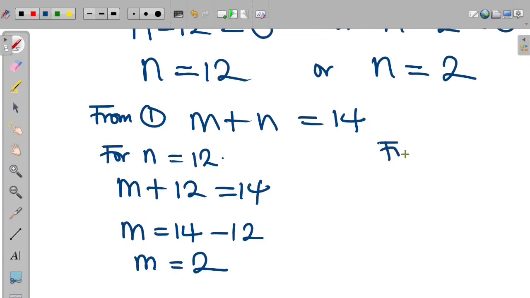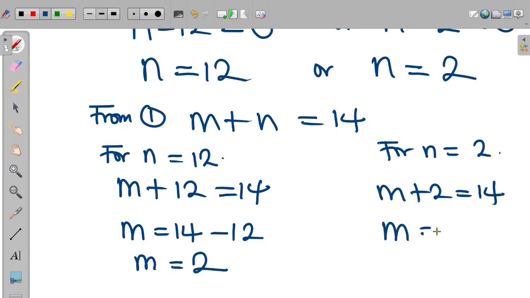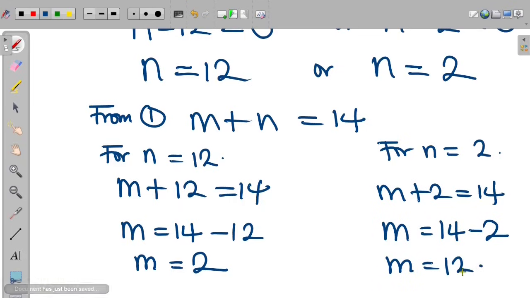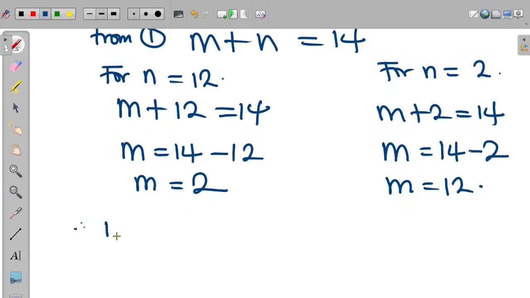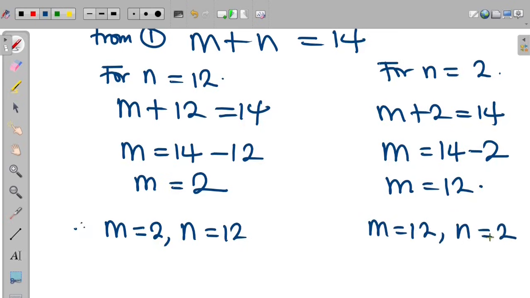Also, for n equal to 2, we have that m plus 2 is equal to 14, so m is equal to 14 minus 2. So m is equal to 12. So we have it that m is equal to 2 and n is equal to 12. Also, we have m equal to 12 and n is equal to 2.